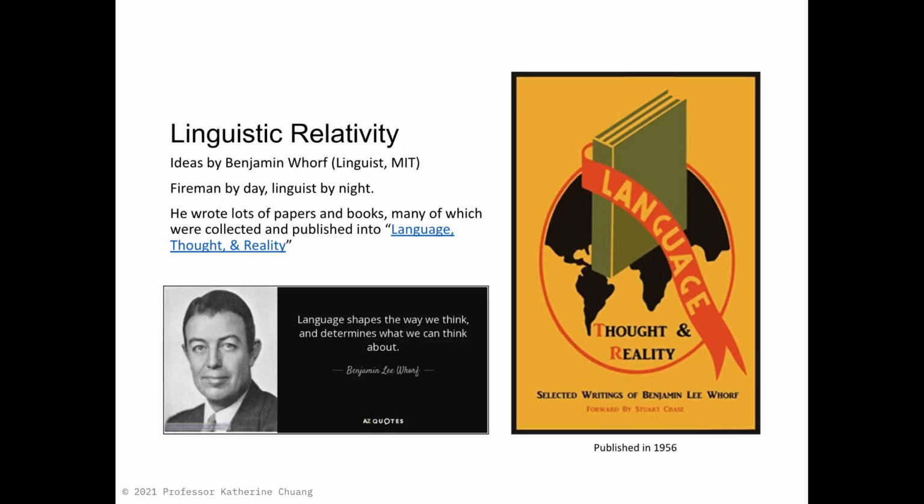His name is Benjamin Whorf. He studied at MIT. He studied human languages, how people express themselves using human languages. His quote in the black box here: language shapes the way we think and determines what we can think about.